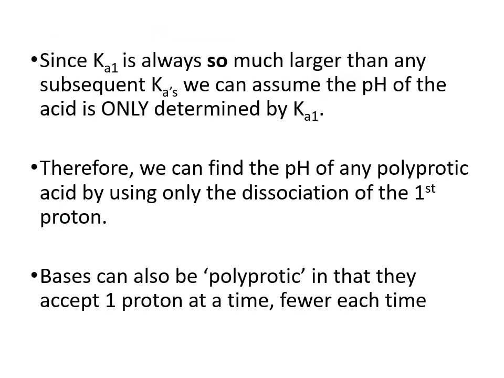This Ka1 is normally many times larger. You can take a look at the Ka values for polyprotic acids, but generally it seems to be several factors larger. And so if you wanted to find the pH of a polyprotic acid, all you need to worry about is the Ka1. Just find out, based on that first Ka, how many hydrogens are going to be released, and then from there, you can find the pH.